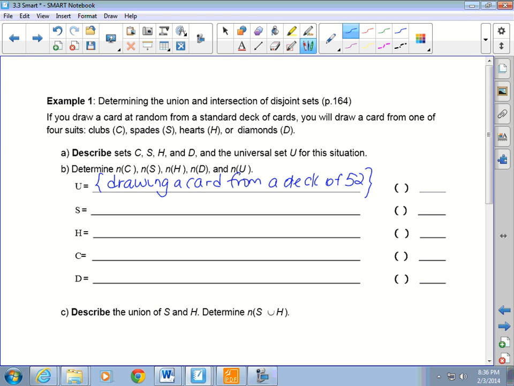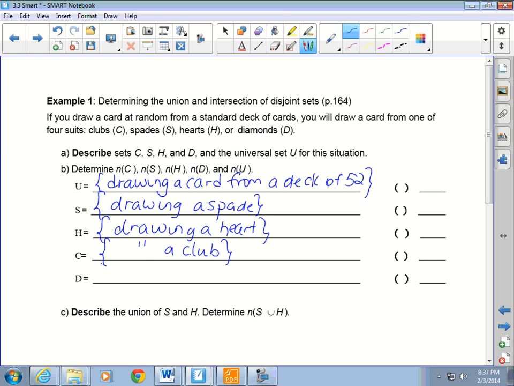Subset S then, S is for spades, so that would be drawing a spade. The situation for the heart would be if you were drawing a heart. Club then is drawing a club. And then the diamond, of course, is if you were to draw a diamond out of the deck.